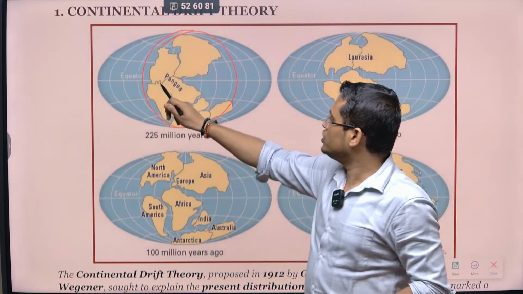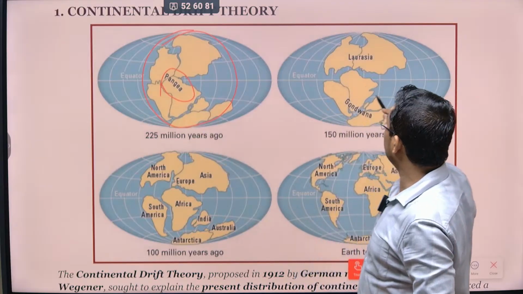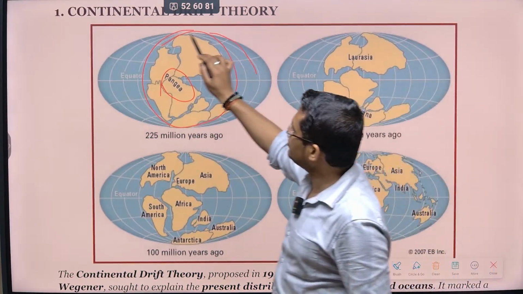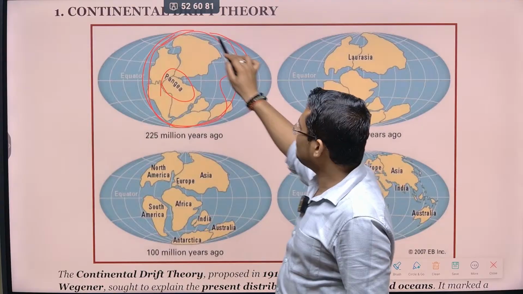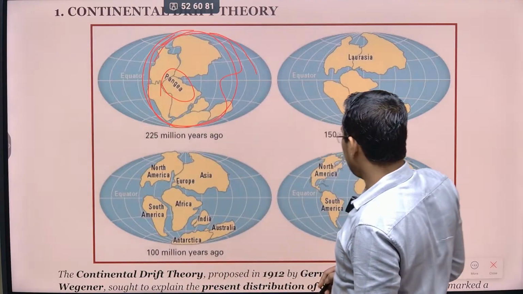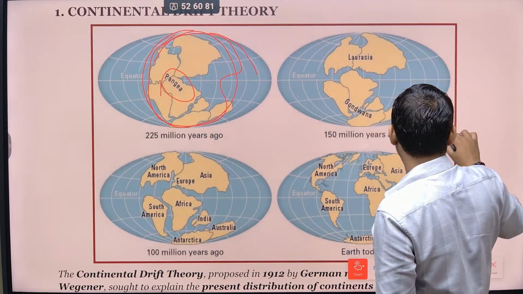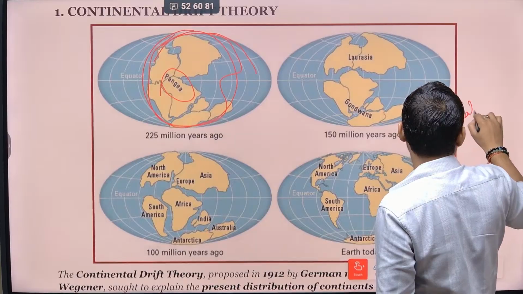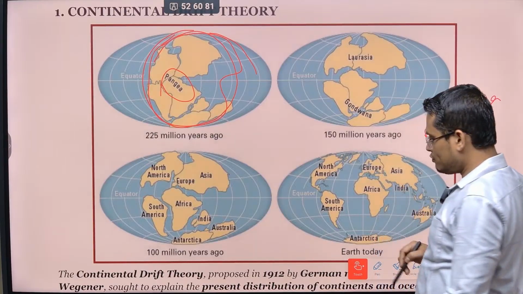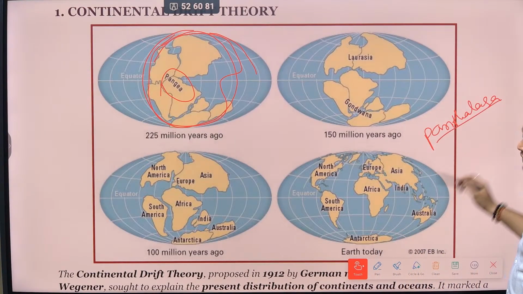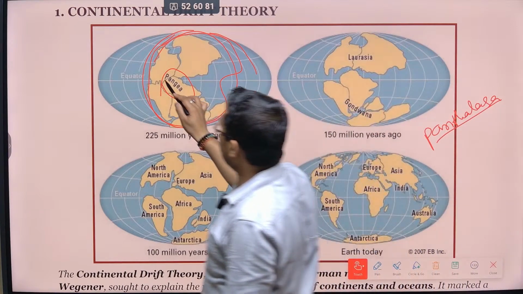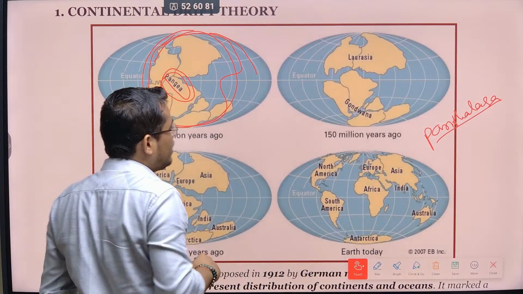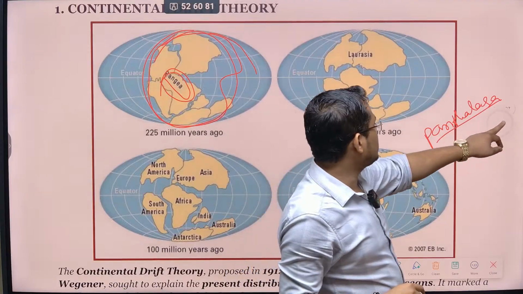The super landmass is called Pangea, and this Pangea is surrounded by a big ocean called Panthalassa. What is it called? Panthalassa. It is written below, you will see it, don't worry, everything is already written in the notes. So this is called Panthalassa, and the big landmass is called Pangea.